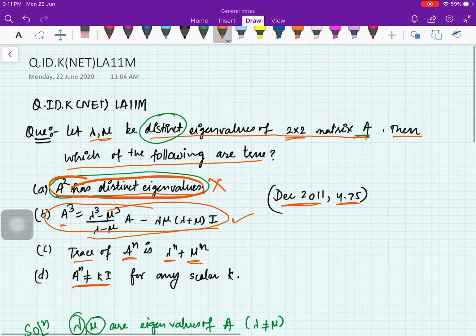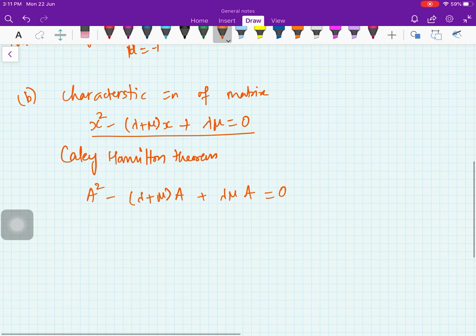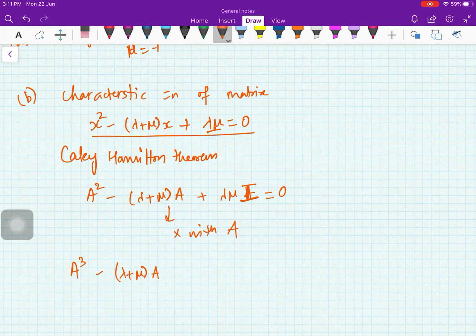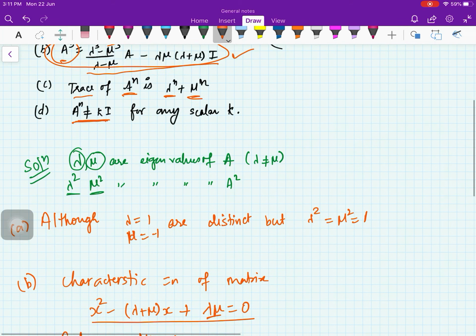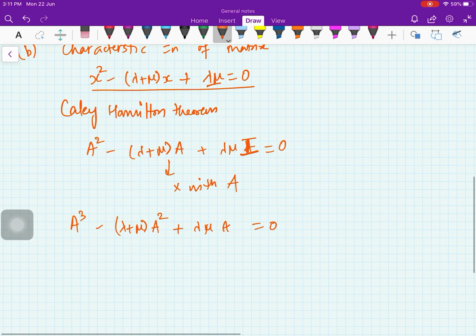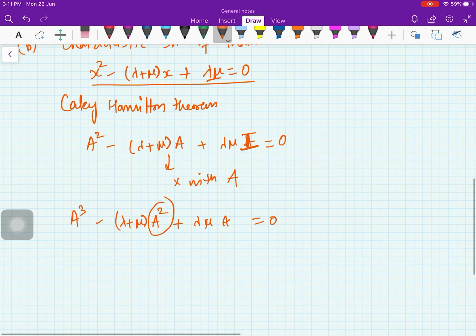Now in your option you have to bring A cube, so you multiply it with A, and here it will be identity. You will get A cube minus lambda plus mu into A square plus lambda mu A equal to 0. Now you can just put the value of A square again.